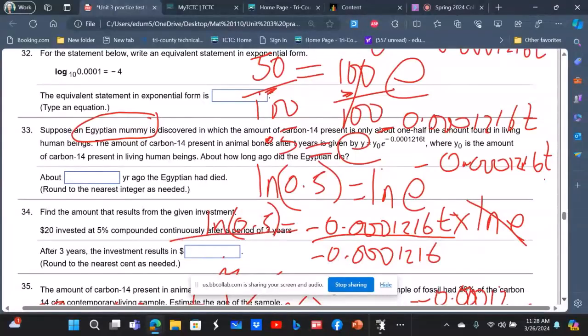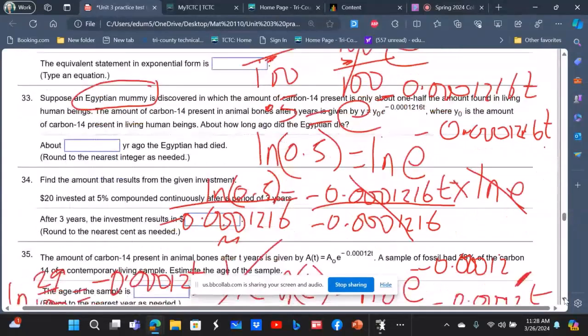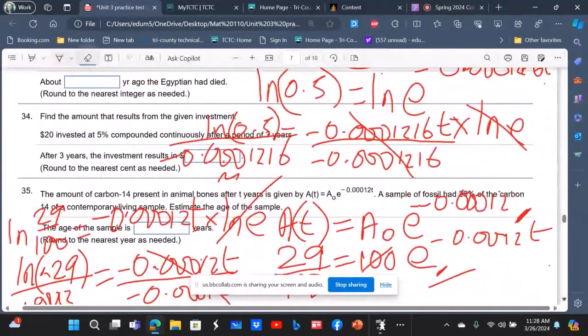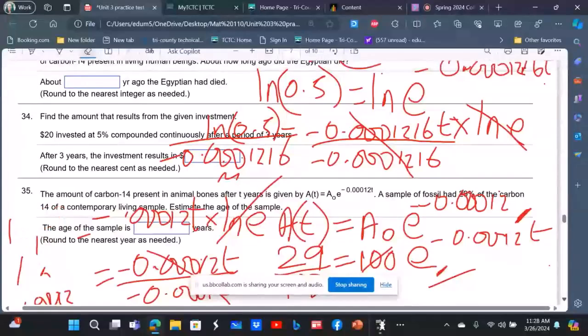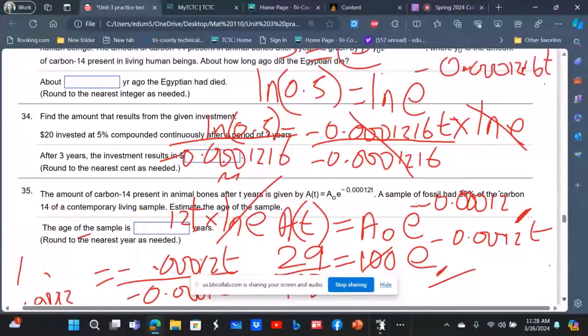If I cancel this, now I will get my calculator and plug this in. All right, so now I have isolated t.